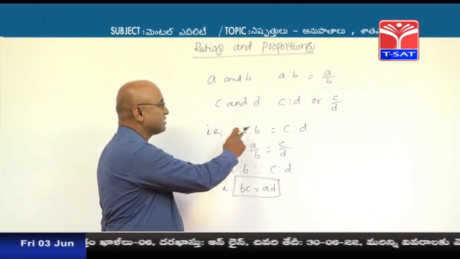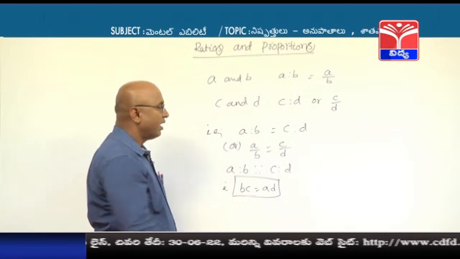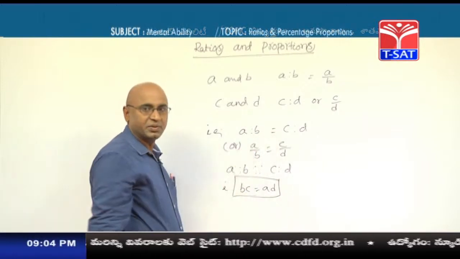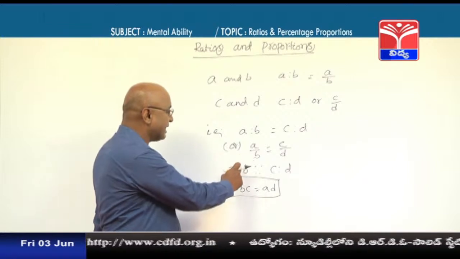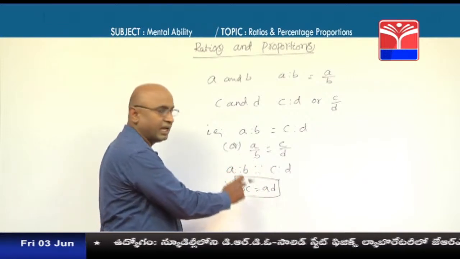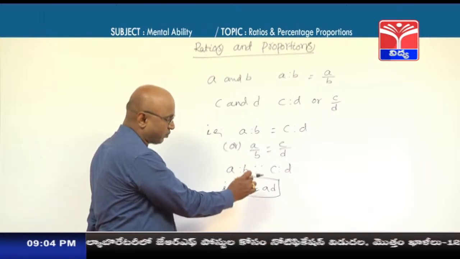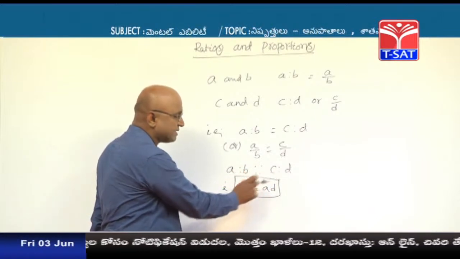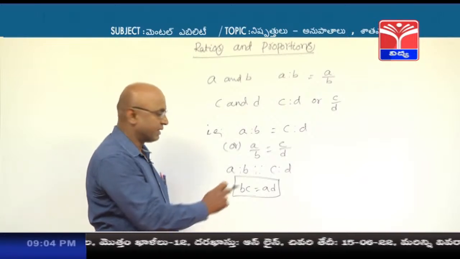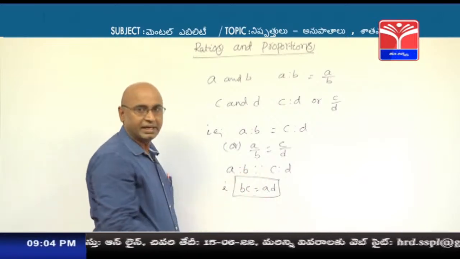So if two ratios, A is to B and C is to D, are equal, they are said to be in proportion and can be written as A is to B as C is to D. If two ratios are in proportion, the property is product of means is equal to product of extremes. That is BC equal to AD.